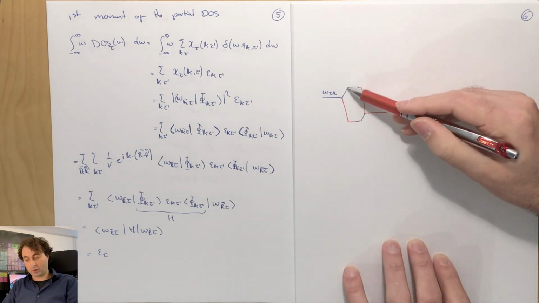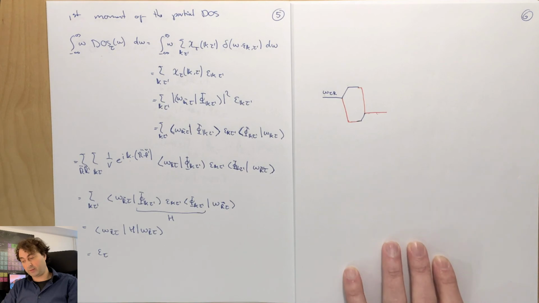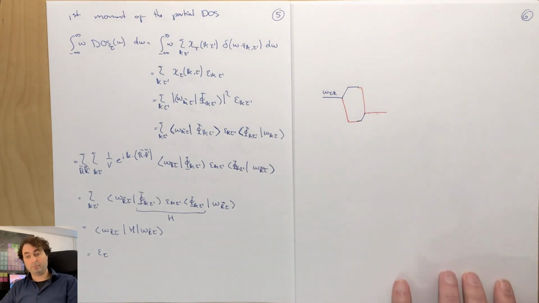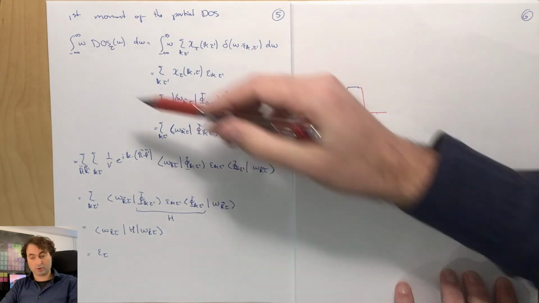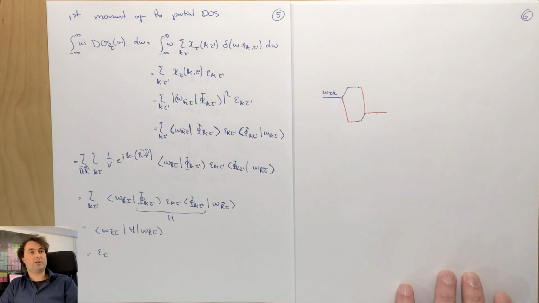So the amount that you go up here is directly related to the amount of admixture that you get. And this is not only true for two orbitals, but this is true for many orbitals as well, such that the first moment of the densities of states is equal to the on-site energy.